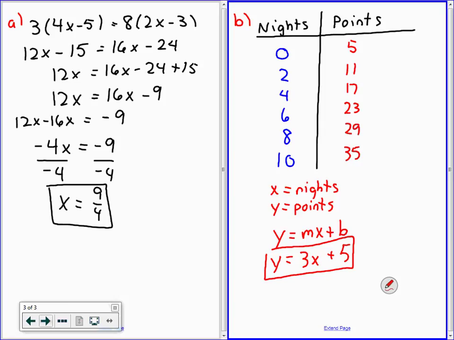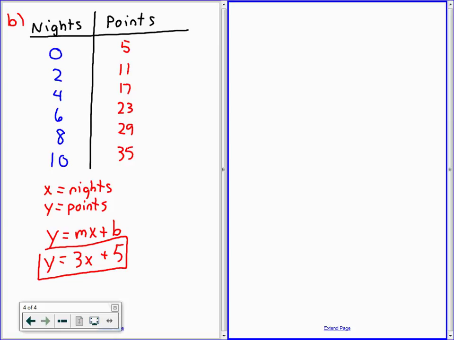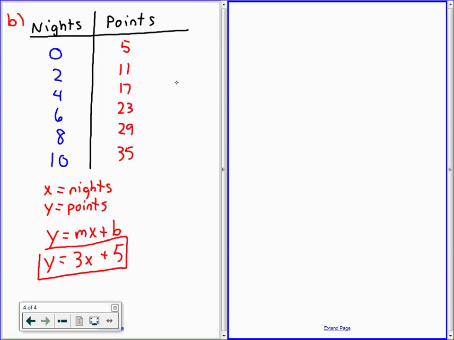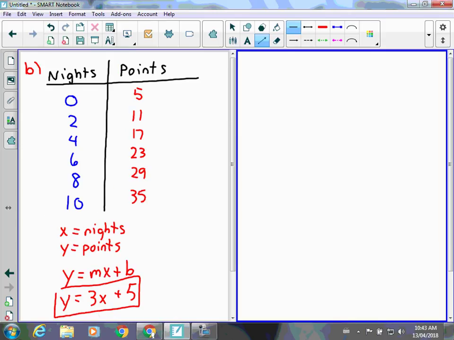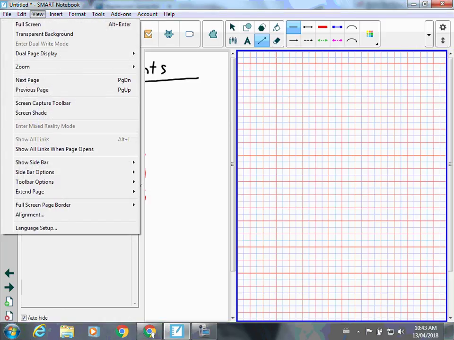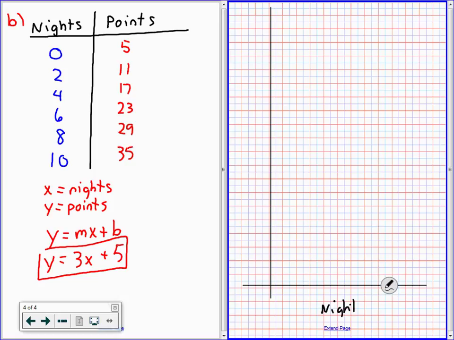All right, let's go through my graph here quickly. This is just going to be a fast graph because I want to get to my lesson today. If you're doing this in your paper, you just do this graph. I'm going to do it as neatly as I can because that's how I roll. When you are doing this graph in your paper, you can use X and Y if you want to, but I'm going to do nights like this, and goals like this.